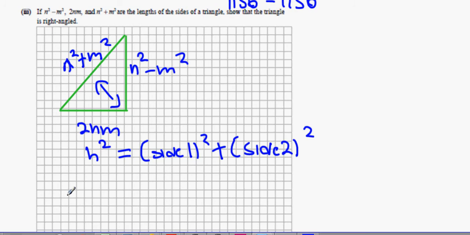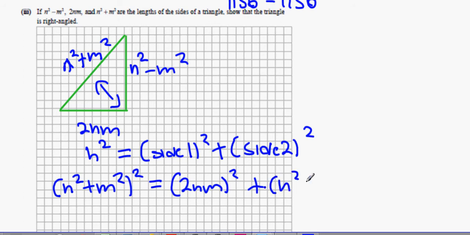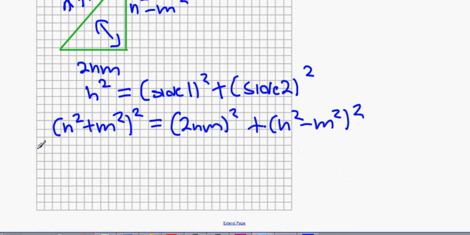So what we're going to get is (n squared plus m squared) squared equals side 1 squared, which is going to be (2nm) squared, plus side 2 squared, which is (n squared minus m squared) squared. Now let's see what this is. It's going to be (n squared plus m squared) times (n squared plus m squared).